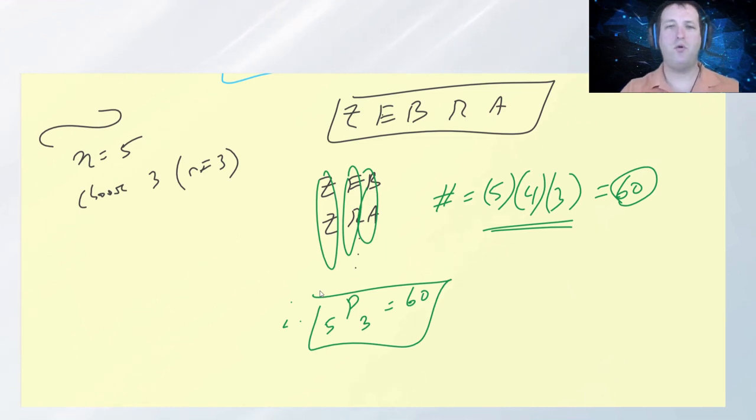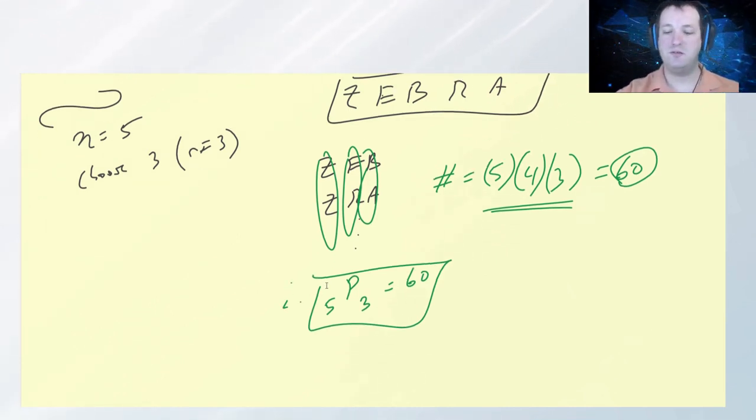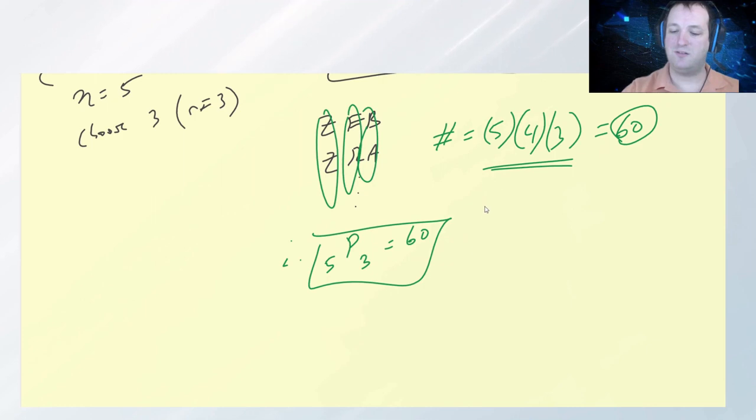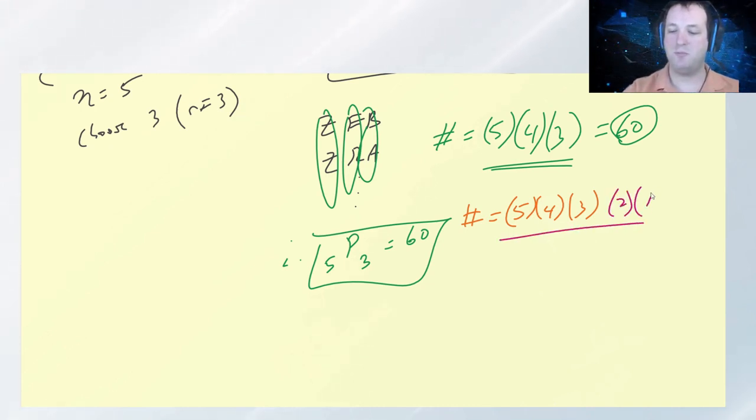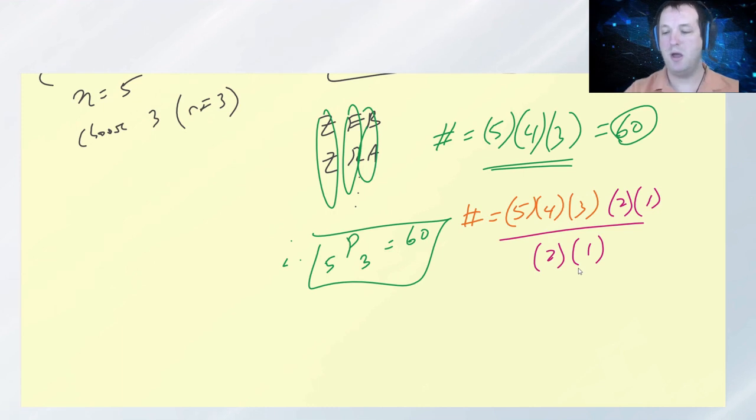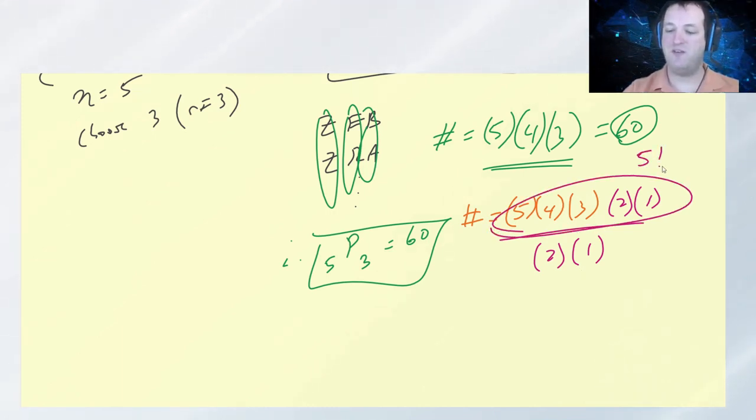Now, is there a quick formula that we can use for this? Definitely yes, right? So if we look at this particular example, our particular number is going to be equal to 5 times 4 times 3. So we can also actually make this a factorial expression by multiplying top and bottom of this expression by 2 times 1, right? So the top expression is just going to be equal to 5 factorial, which is just going to be equal to the n factorial.